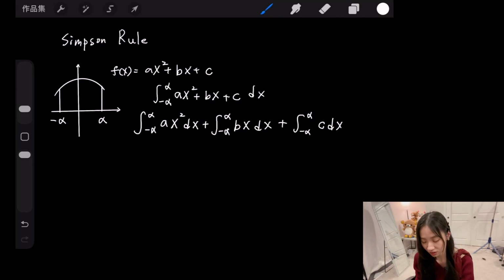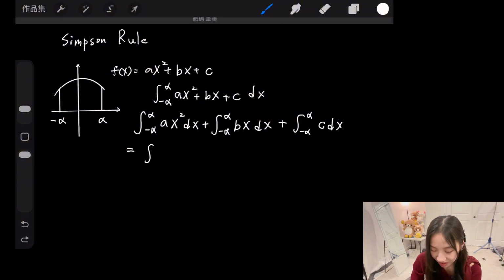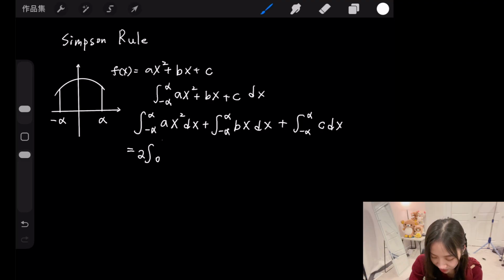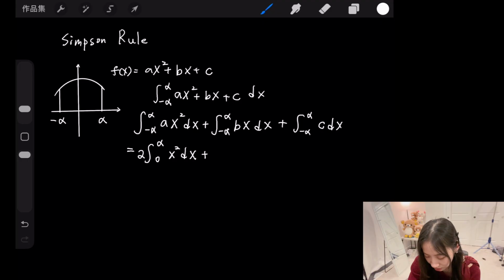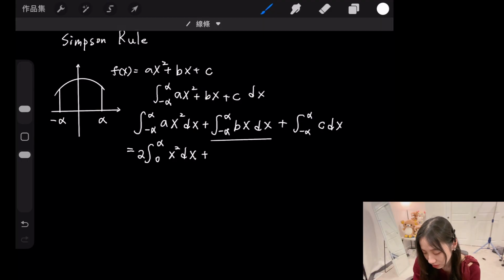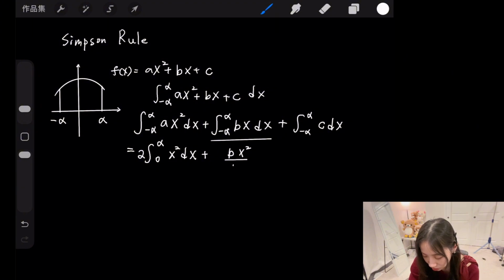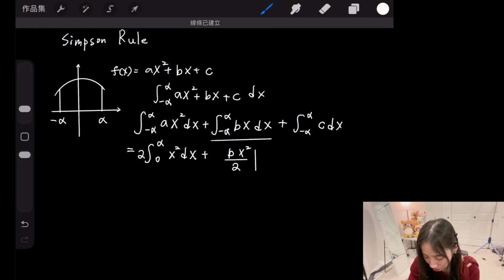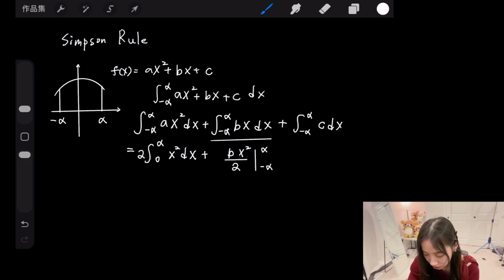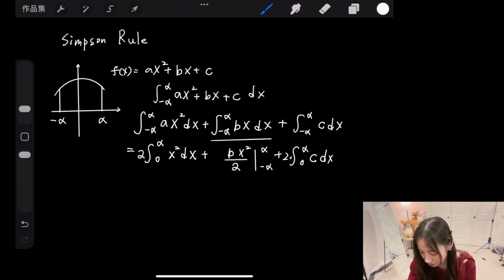As you can see here, your first one will be 2 times integration from 0 to alpha of a times x squared with respect to x, plus, this one here will cancel out. Why? Because it will be b x to the power of 2 divided by 2, and then you plug in from minus alpha to alpha, which will be 0. Then plus 2 times integration from 0 to alpha of c with respect to x.